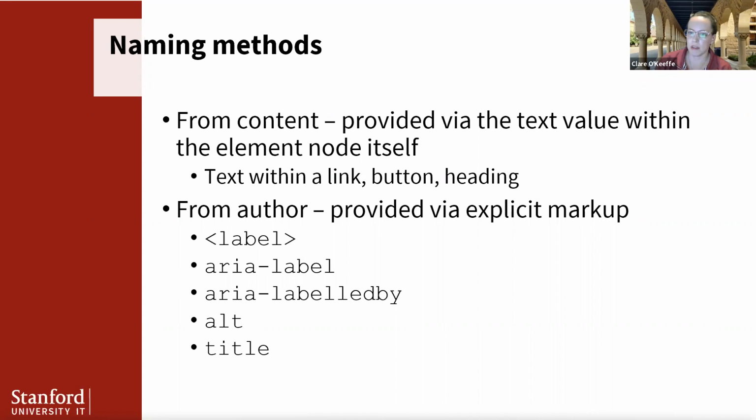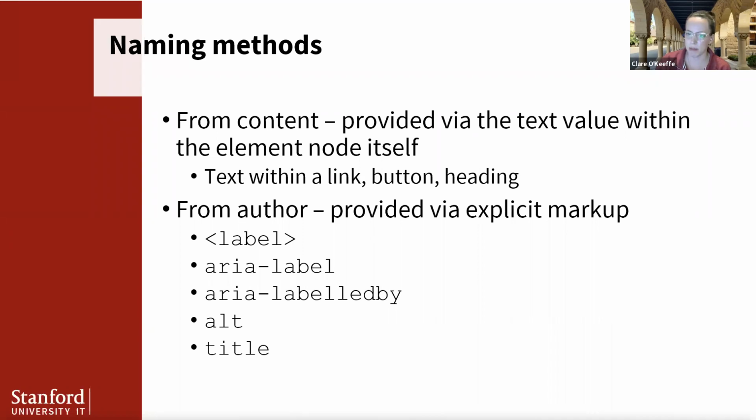And this can happen in the case of a label element that's associated with a form field. So you would have a label and give it a for attribute and reference the ID of an input that you're trying to label. So that's an explicit markup association to provide that label. Another way is the aria-label attribute, which can be put on interactive elements and some static roles as well.